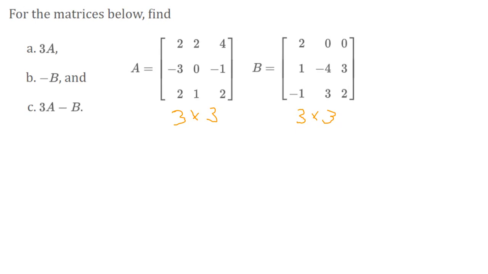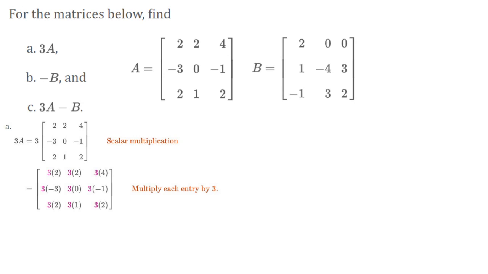But let's do this first. Let's multiply 3 times A. So we're multiplying a scalar value to matrix A. What that means is this 3 is being multiplied to this matrix, 2, 2, 4, -3, 0, -1, 2, 1, 2. So this 3 has to be multiplied to each element in the matrix.